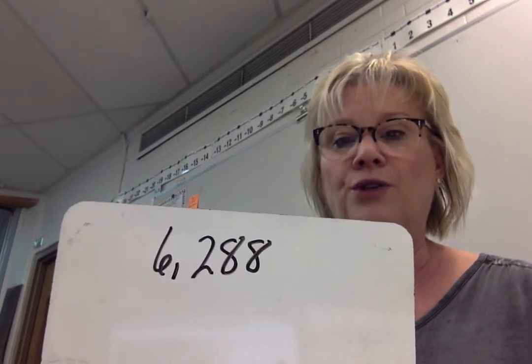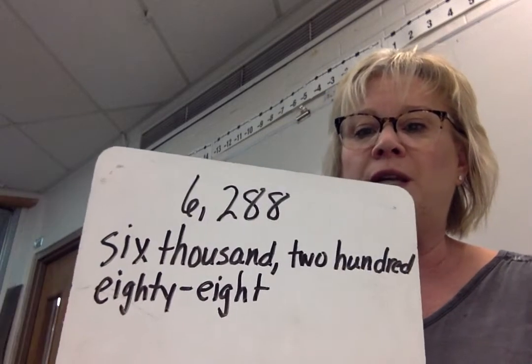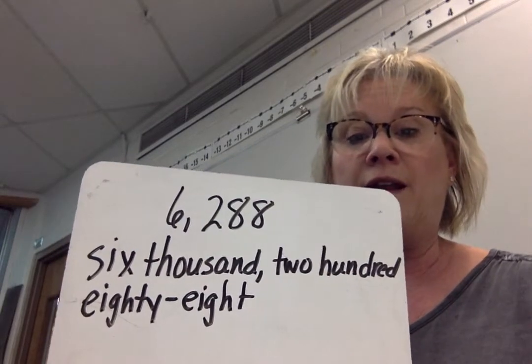And now we're going to write this using words. 6,000, comma, 288. And remember, you need to have the hyphen between the 80 and the 8.